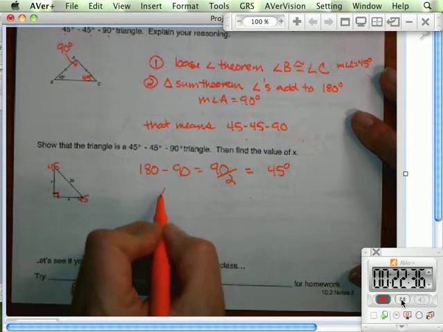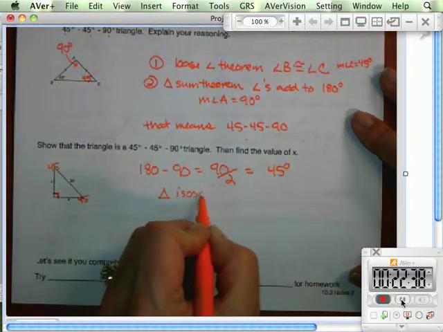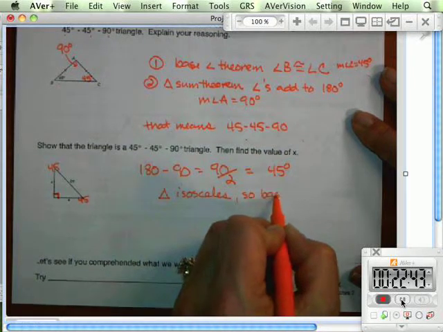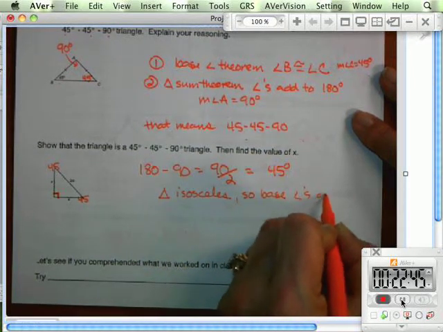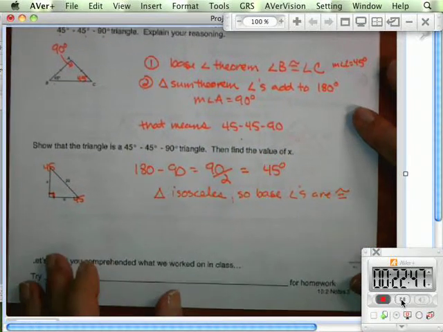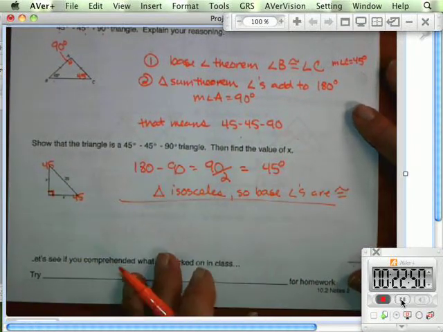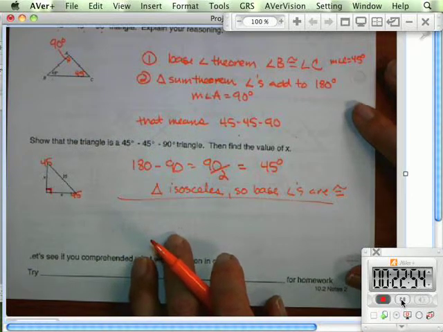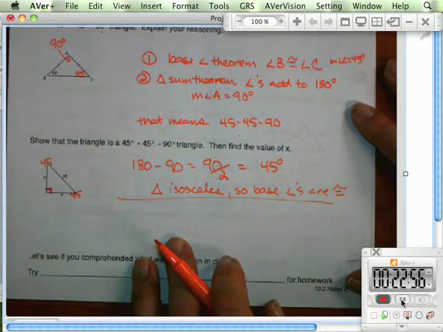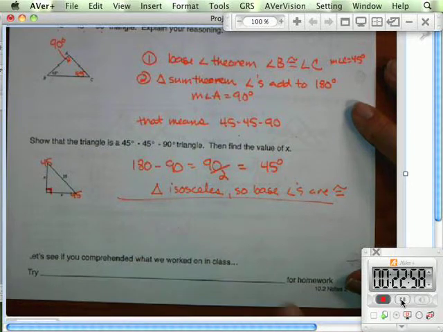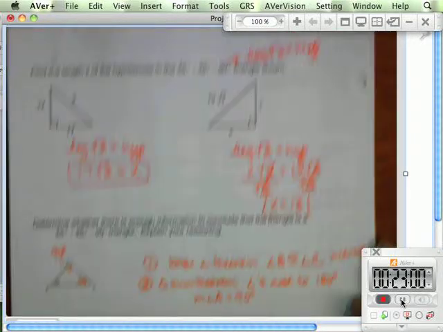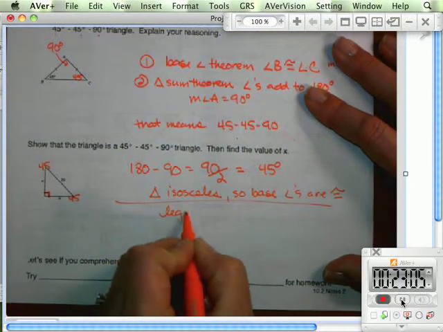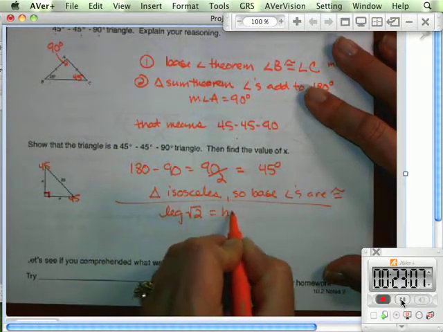The triangle is isosceles. There's a blast from the past. So the base angles are congruent. All right. Proven that it's a 45, 45, 90. What's the next thing I have to do? If I know it's a 45, 45, 90, what can I use? This, right? Leg times the square root of 2 equals hypotenuse.